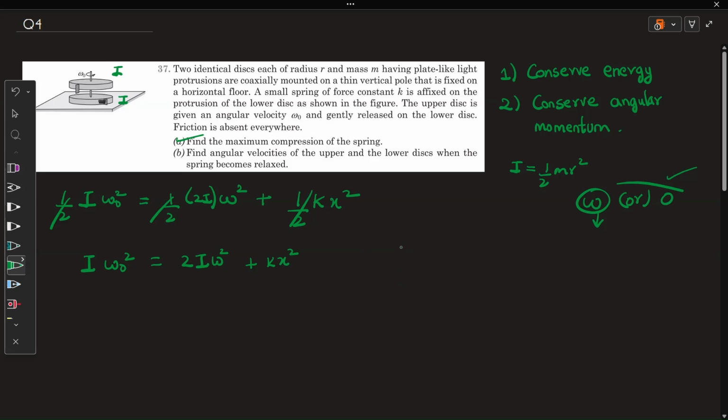Initial I omega naught is final 2I into omega, so omega is omega naught by 2.